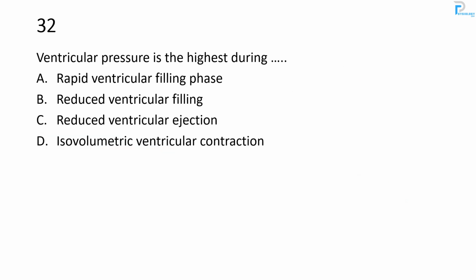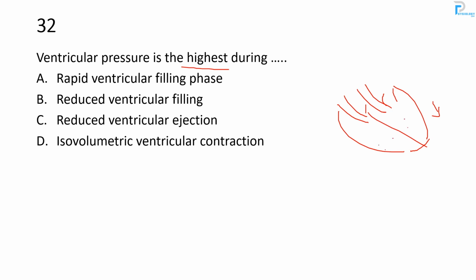Ventricular pressure is the highest during which of these phases? Rapid ventricular filling. During ventricular filling, the pressure is actually low so that blood can move from atrium to ventricle. For the blood to come in from atrium to ventricle, we need low pressure in the ventricle.